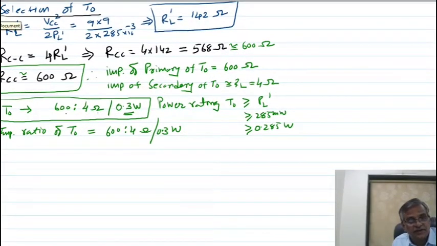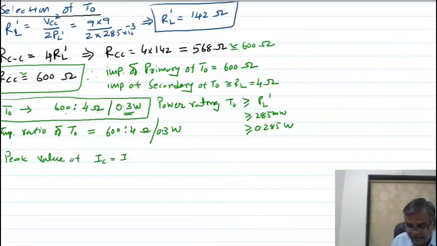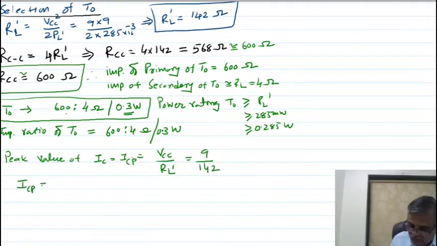Now let us calculate your collector current. The peak value of the collector current, ICP, I can write as VCC by RL dash. It is 9 volt upon 140, so ICP is equal to 63 milliampere.